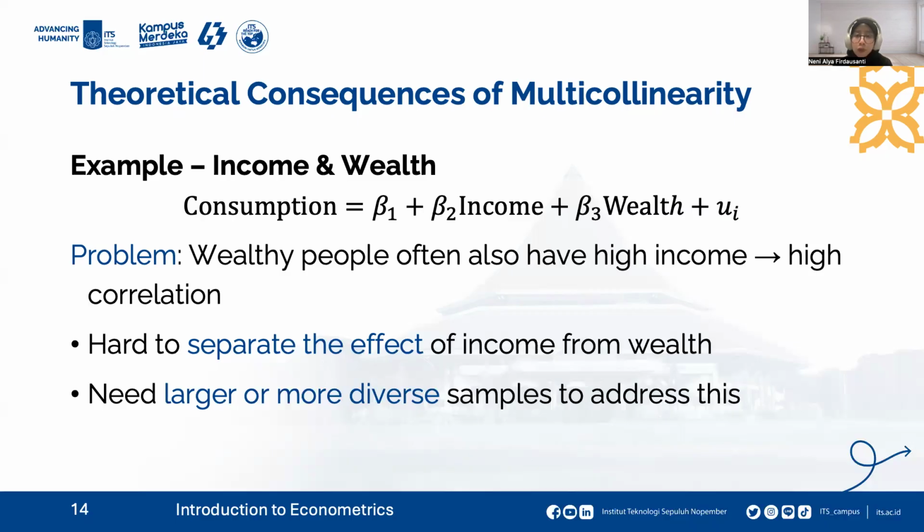Because income and wealth are always linearly related, people who have high income will be wealthy, and people that have low income will have low wealth.